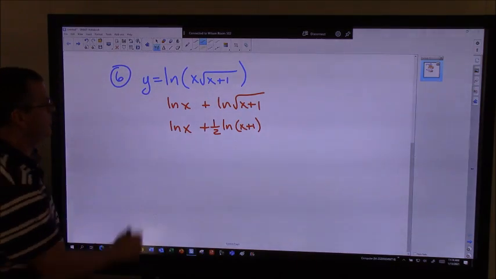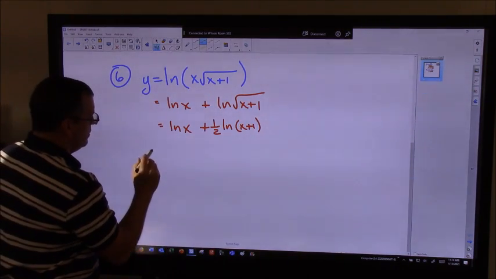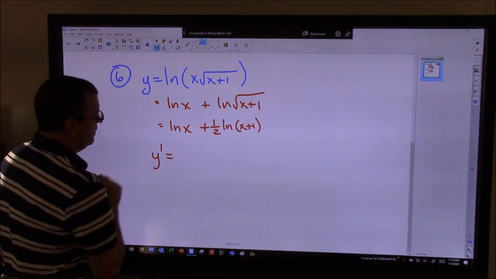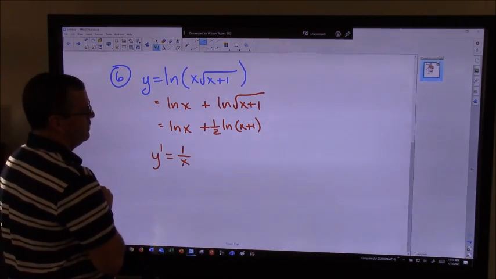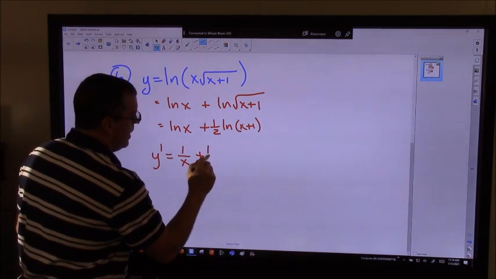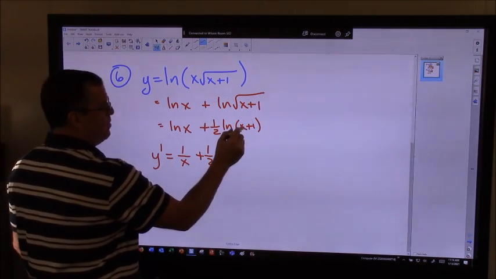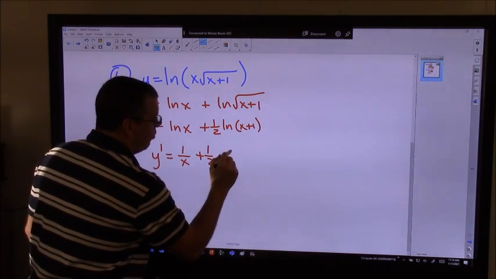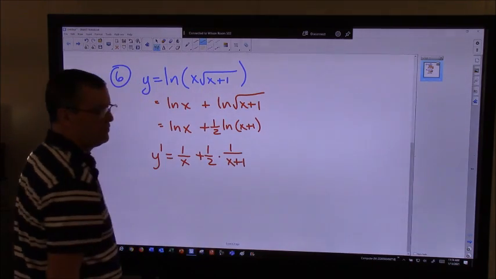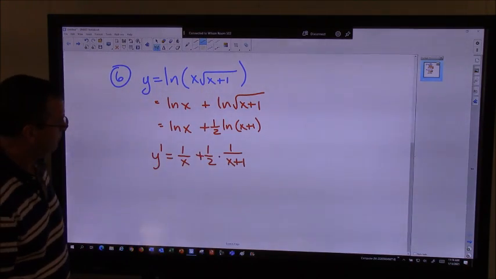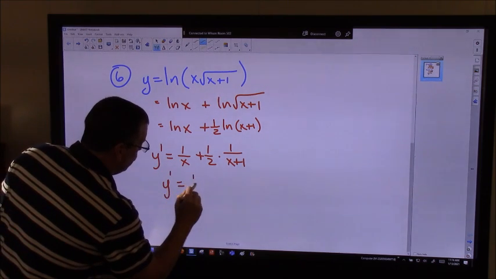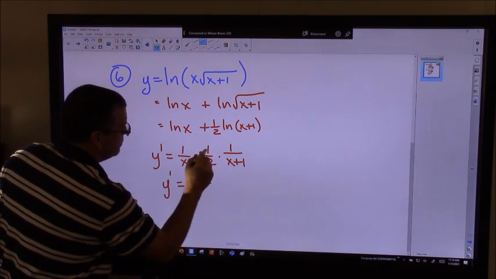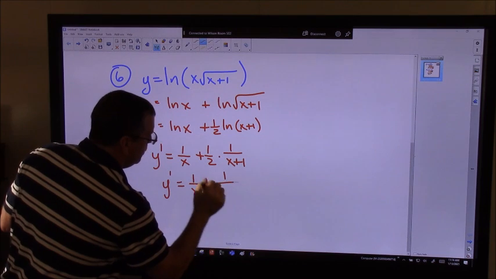Now I'm ready to take the derivative. So the derivative of this is going to be u prime over u, so 1 over x. Here I've got 1/2, and I'll do u prime over u, so that's 1 over x plus 1, right? Derivative of that is 1. And then just to clean it up a little bit, I've got 1 over x plus, multiply the numerators to get 1.